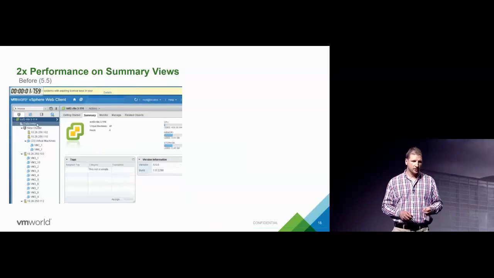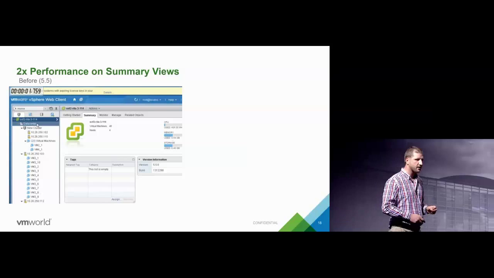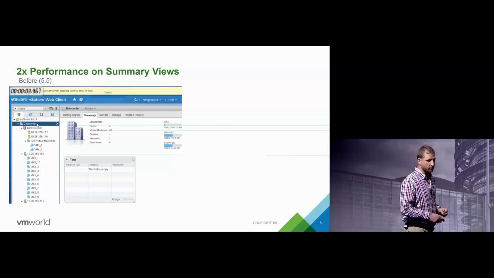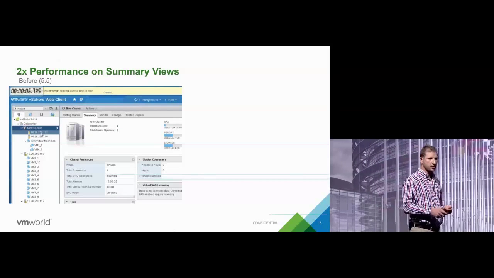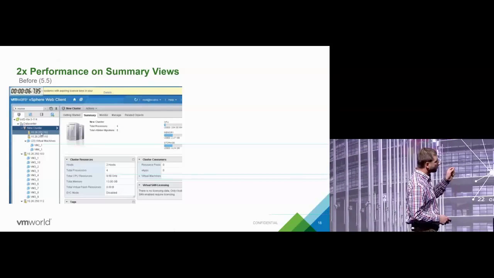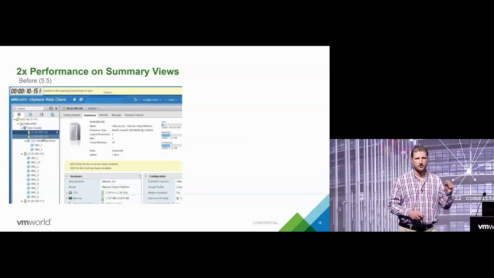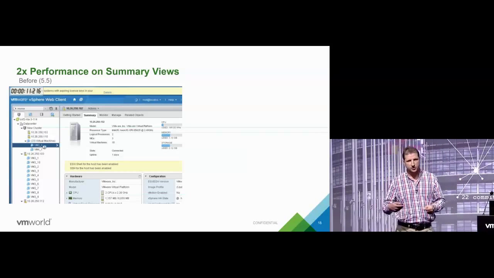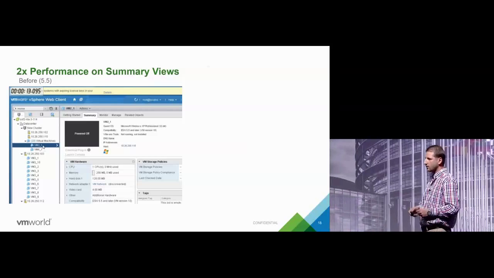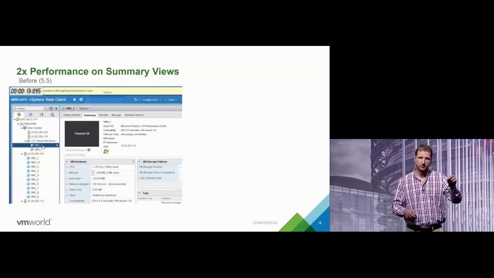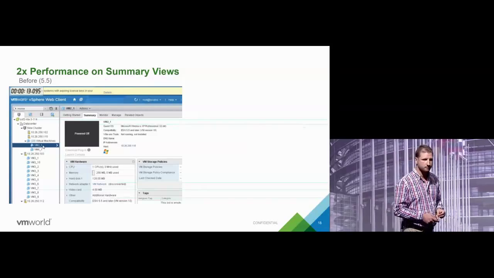So what you see on the screen is a video of a user navigating to 5 different objects in the inventory and, when clicking on an object, waiting for the summary page to load completely. The timer on the top calculates the total time needed for the summary pages to load, and it doesn't take into account the time needed for the mouse moving around and clicking on the objects.